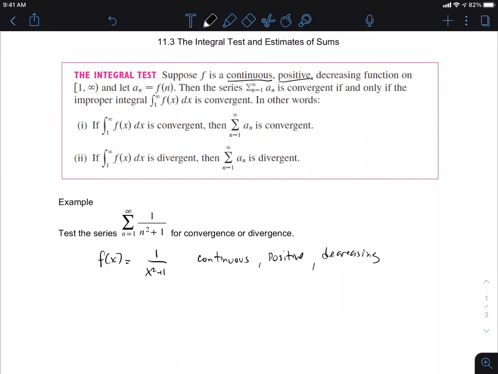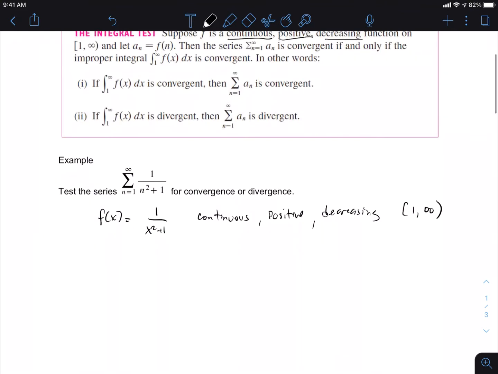This one has that, and it's going to be on the interval from 1 to infinity. We can put 1 in, it's defined there. It's within its domain, so that's continuous. It's definitely positive because of the squared term, and we see that it is decreasing, and you could see that if you were to graph it going from 1 to infinity.